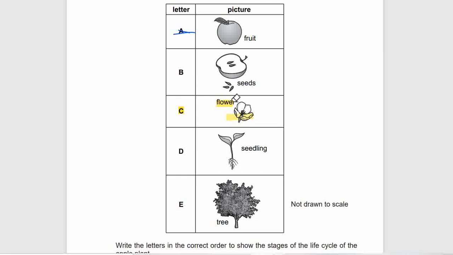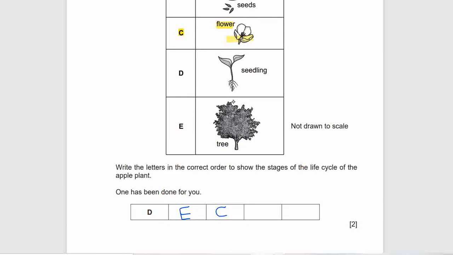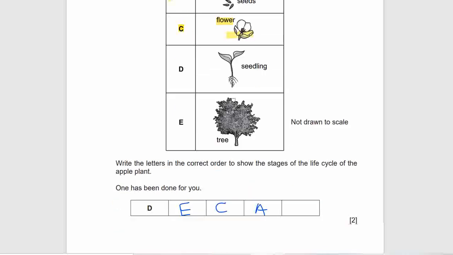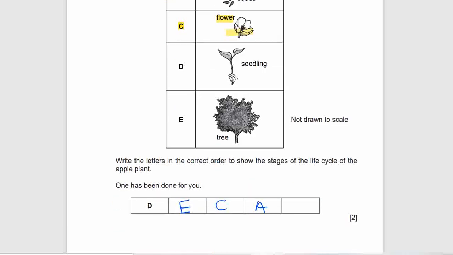So after this will be the fruit, A. Next, our last is B. B is the last. The seed, when it falls in the correct place, will grow again into a young seedling, and that's why the cycle repeats. So that is our answer.